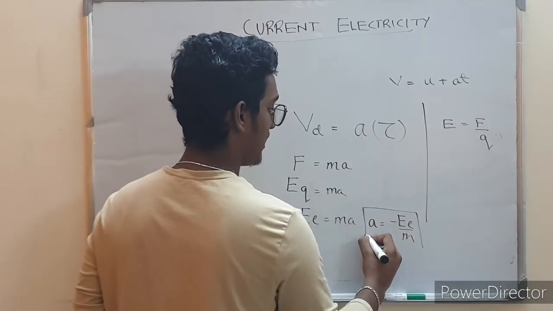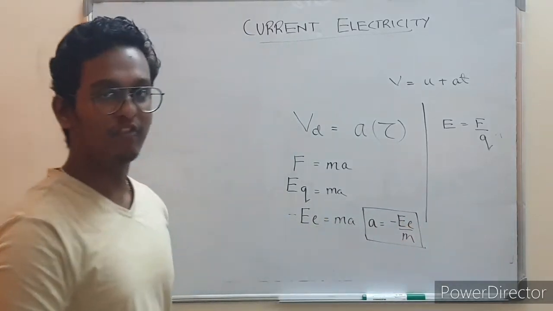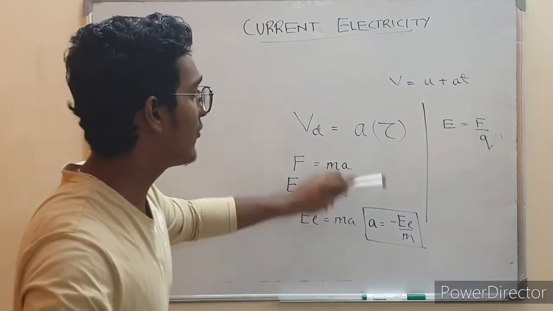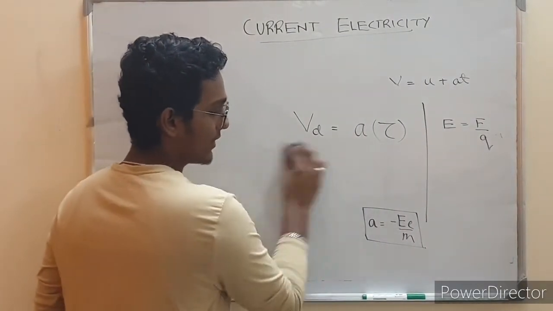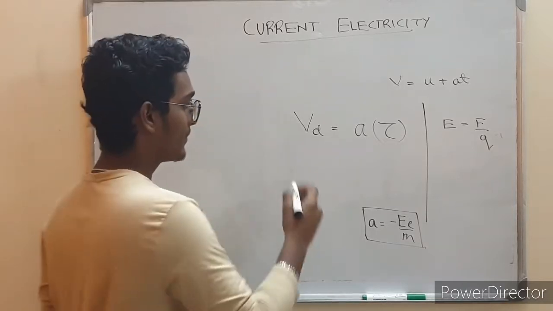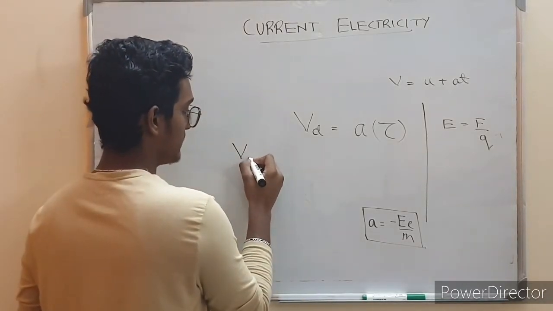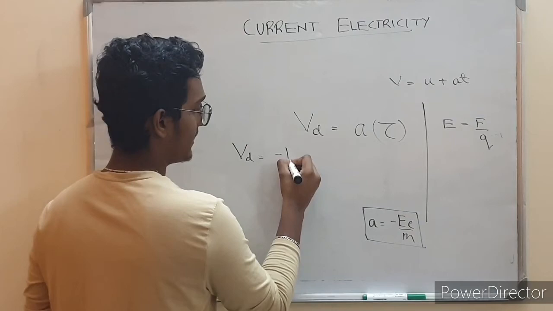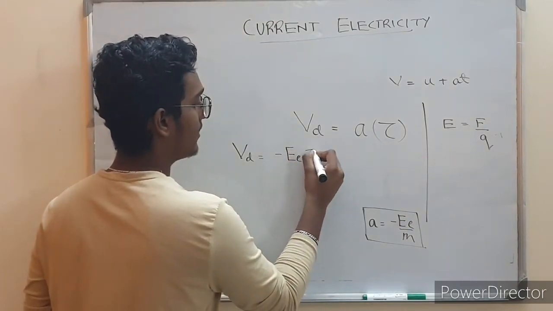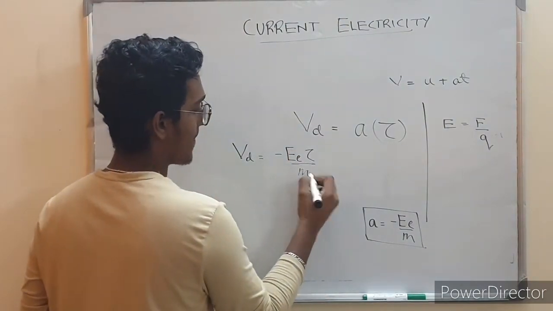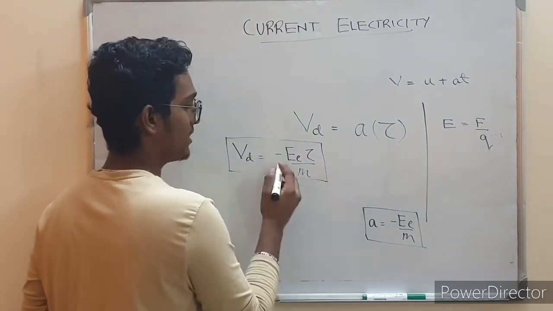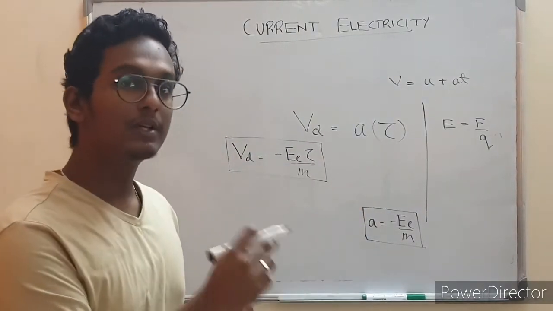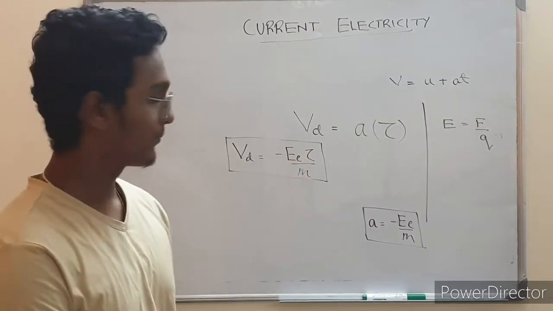This is the final result of acceleration. Now we have to substitute this over here and our answer is ready. So drift velocity Vd equals minus eE tau by m. This is the expression for drift velocity in terms of relaxation time tau.